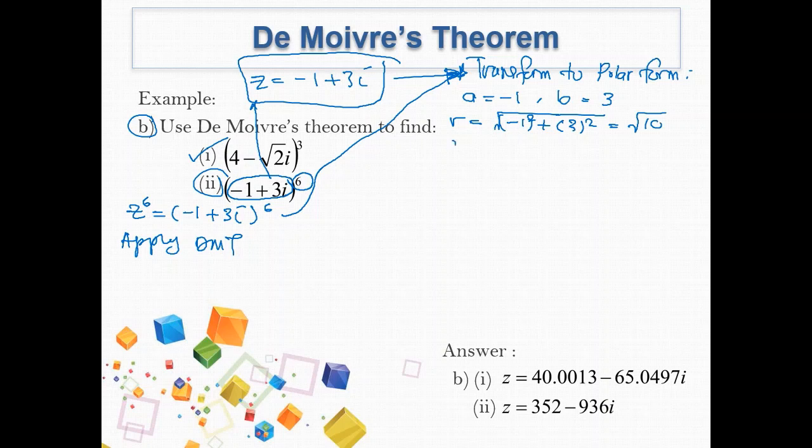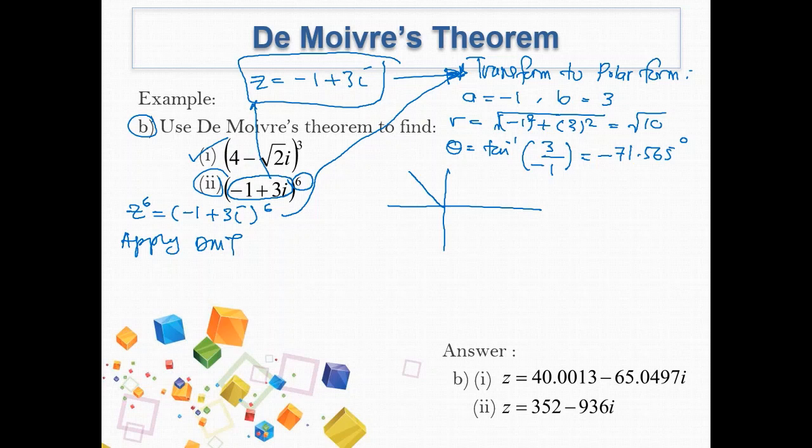Then you need theta. Theta is tangent inverse of b over a, b is 3, a is -1. If you substitute into calculator, you get -71.565. If it is in the Argand diagram, it is in the second quadrant.